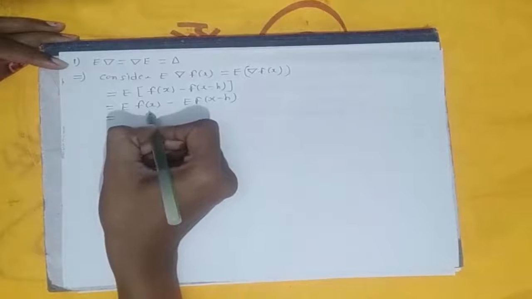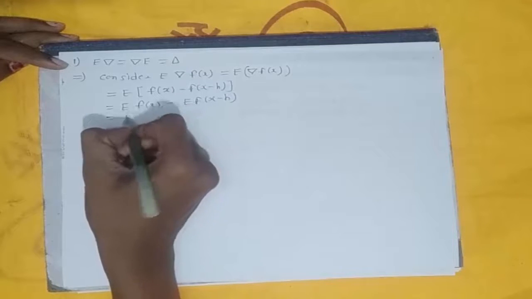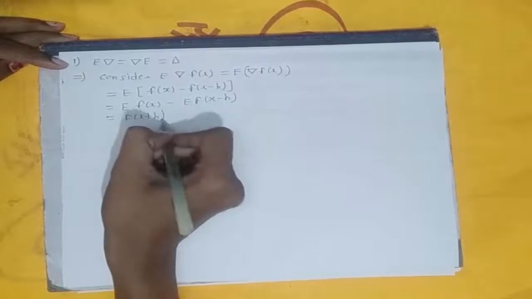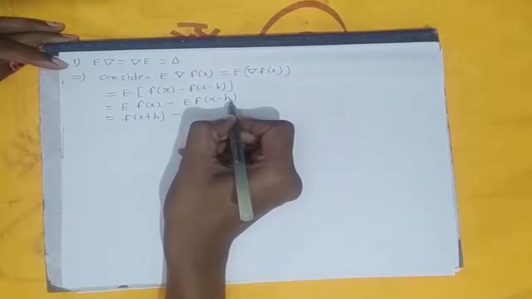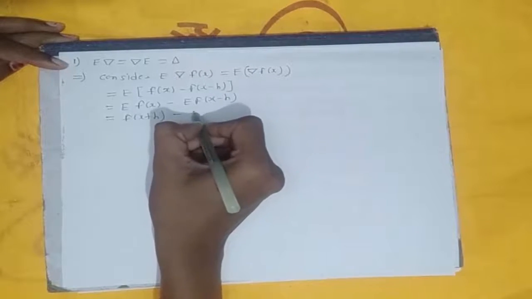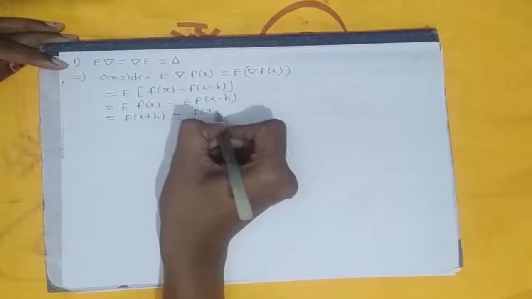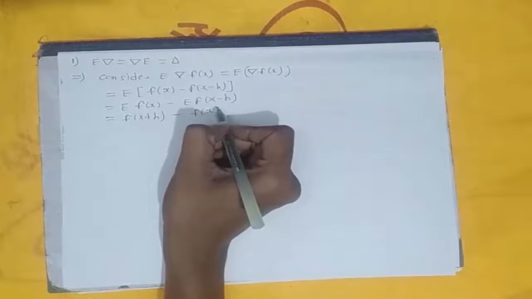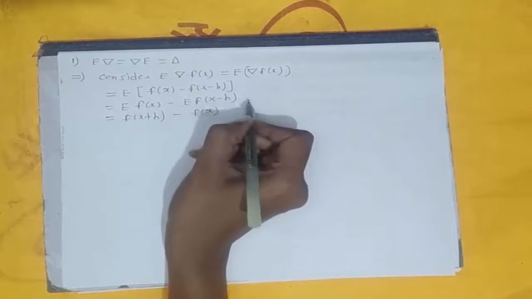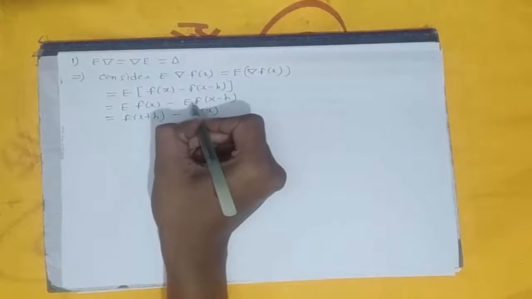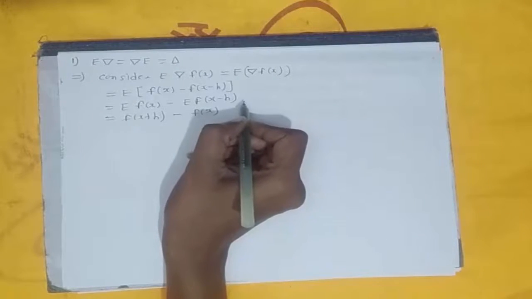Again we apply the definition of E, that is the shift operator. Then E f of x gives f of x plus h, minus E f of x minus h. Because the shift operator shifts the function to the next point, if we apply the shift operator one time on the function, we get the value of the function at the next point.